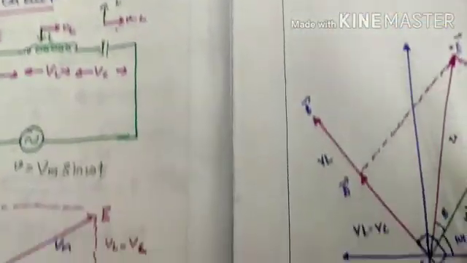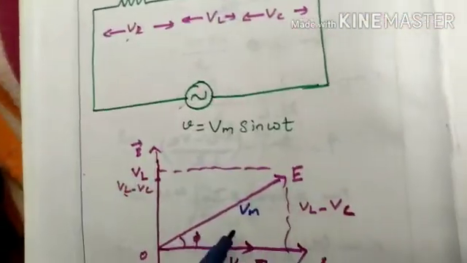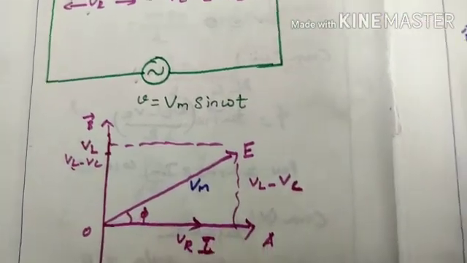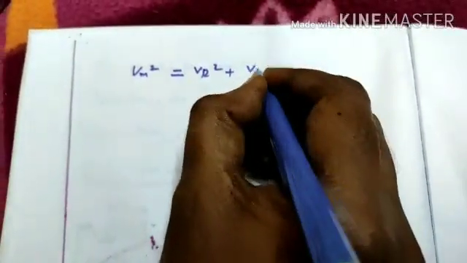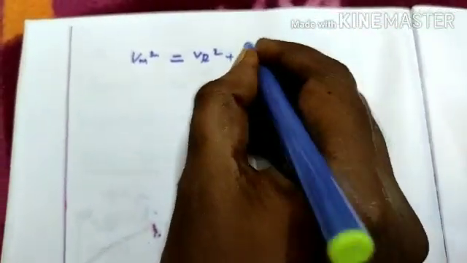Using the Pythagoras theorem, we find the resultant vector Vm square. Vm square is equal to VR square plus VL minus VC the whole square.